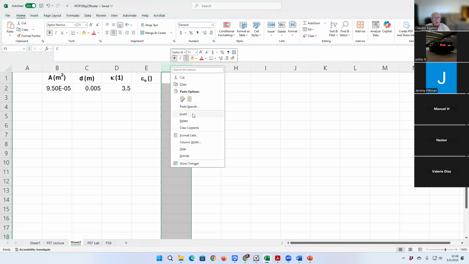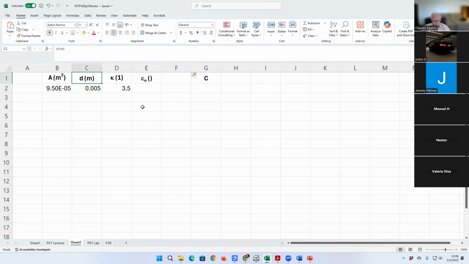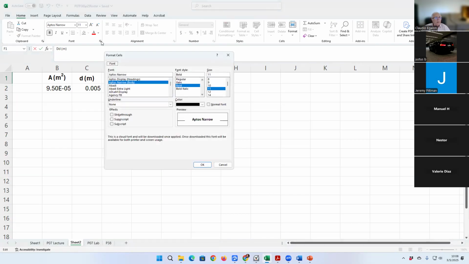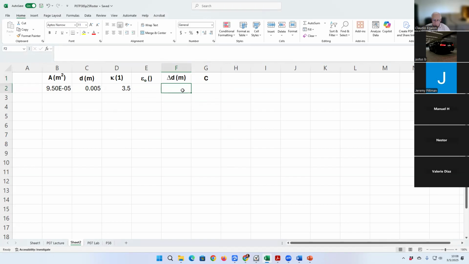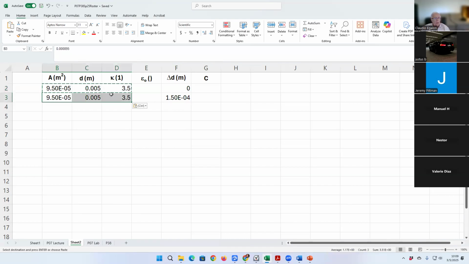So here we go, delta D. Initially, you calculate for no compression, and then we calculate for the minus 0.15, a tenth of a millimeter. The other numbers don't change. What changes is the delta D, and then we have to put an equation for the capacitance.